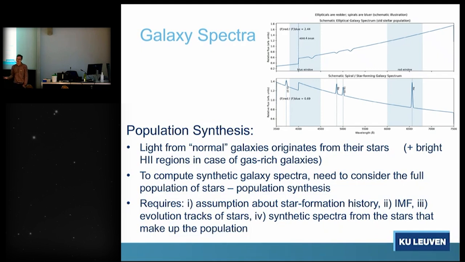You can often think about it in these terms: more massive, hotter stars are rarer, but they also live shorter, right? So in order to get the integrated spectrum, you have to have some sort of assumption about that. And then you can create the synthetic spectra from the stars that make up the population. And depending on your galaxy, you might also need to add some gaseous components if you want to study, for example, some specific spectral lines, etc.